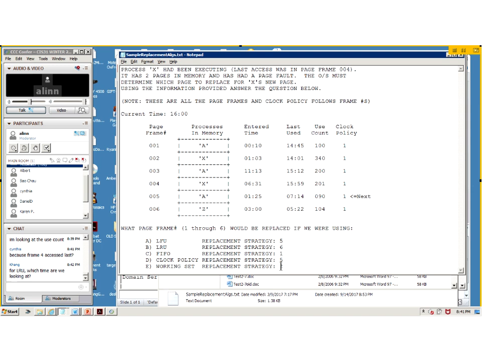Recent means last used. So we're looking at that time, and that's why 6 was chosen. Whenever you have least recently used, you're having a timestamp, and you're looking at the one that hasn't been used recently.